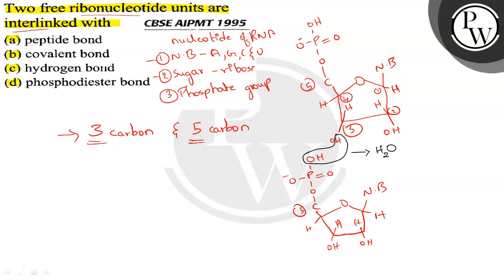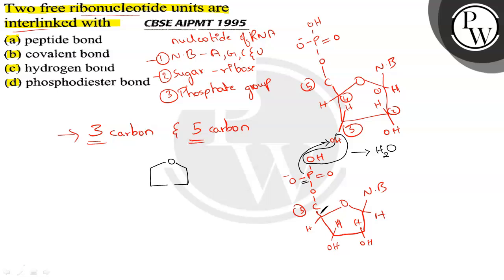So they are released out as water, and this phosphate of the fifth carbon is left vacant, so it joins with this oxygen. So this phosphate goes and attaches with the oxygen of the third carbon of the other nucleotide. To connect with that, it forms a bond with that oxygen. That bond we call the phosphodiester bond. So I'll show you how.